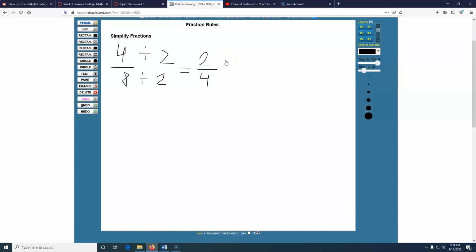And one thing that sometimes people forget is that a number like 2 can be divided by itself. So it turns out you could divide this by 2 again. And that leaves you with 1 over 2, or a half.